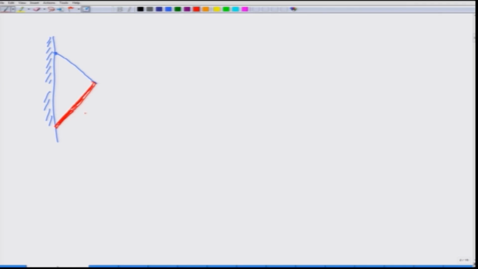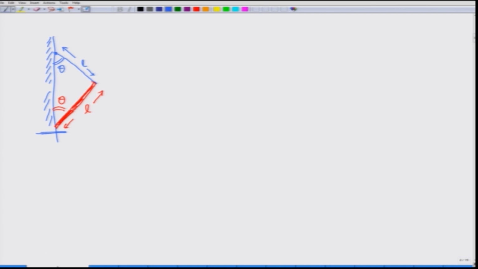Both are of the same length L, and this is also L. Therefore, whatever is the angle out here theta, the same angle is up here also, and without any support at the bottom out here, we want this frame to be held so that it does not slip. And what is the minimum angle for that to happen?